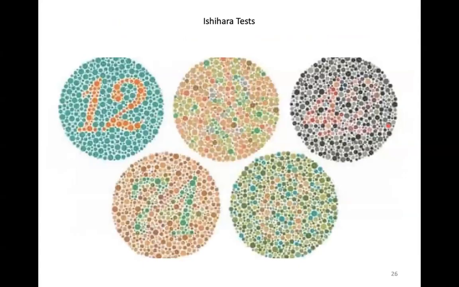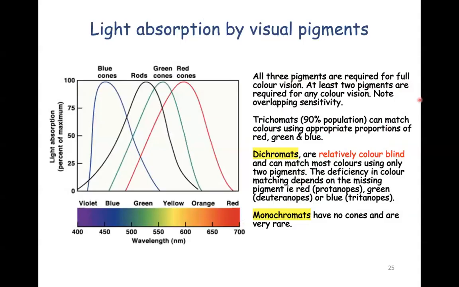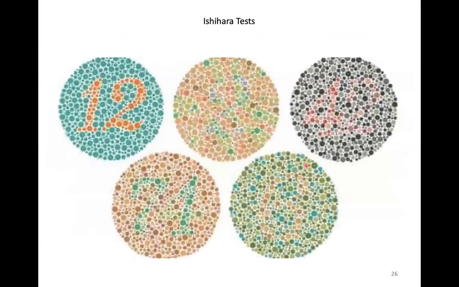One thing that is just helpful to know, so these are things called Ishihara tests. And I'm sure you guys have seen these before, but this is what you use to determine if someone has dichromacy or monochromacy. So someone who has one type of cone missing may not be able to differentiate between like blue and green.